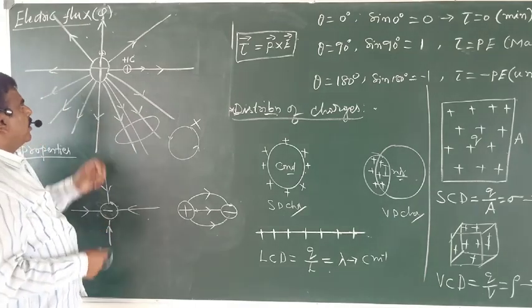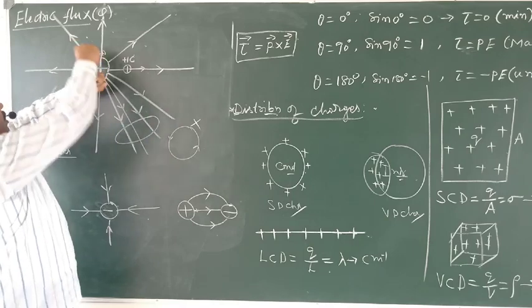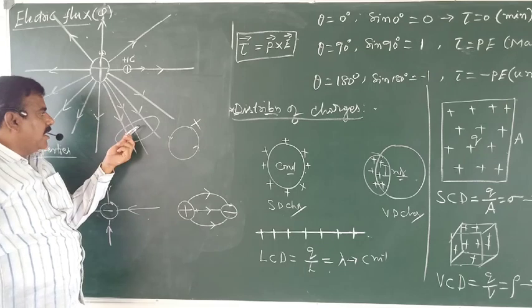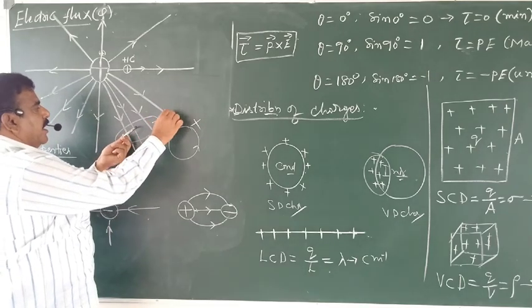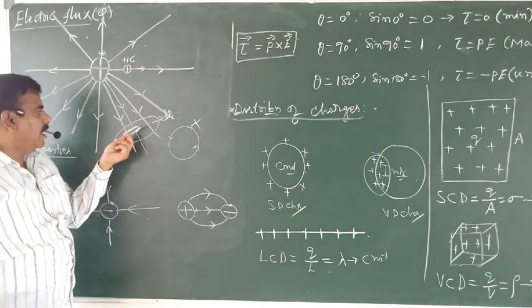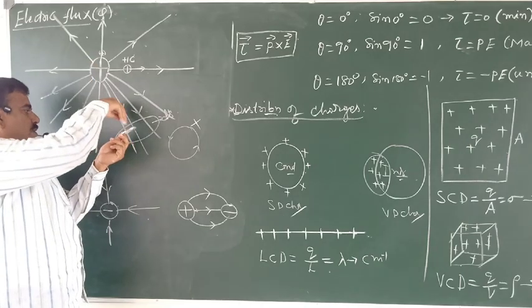Now, there is a charge, giving electric field lines in all directions. If I consider some area dS, and hold this area like this, more flux passes through it.